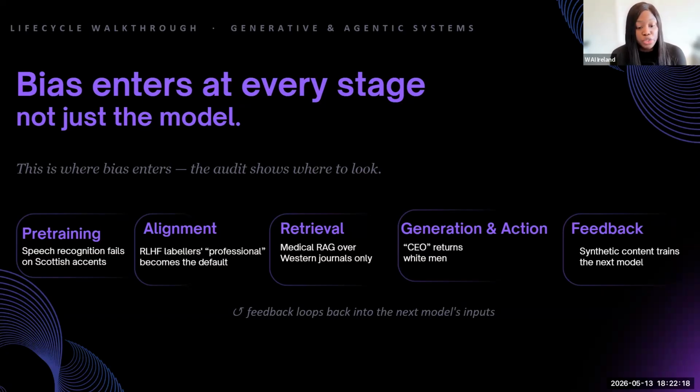But as I said, first, before we even talk about auditing, we have to understand where bias enters, right? And this is the life cycle of the way data flows in our generative systems, because we want to trace where bias enters the system through the data flows. Here we have five stages. First one, pre-training.